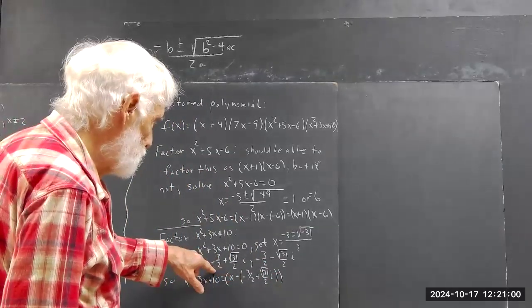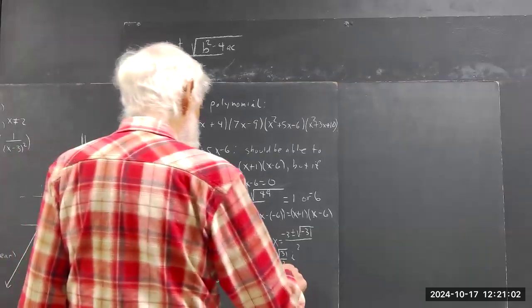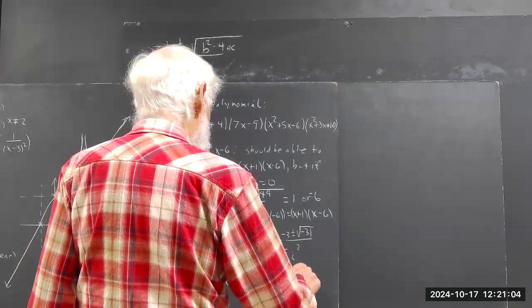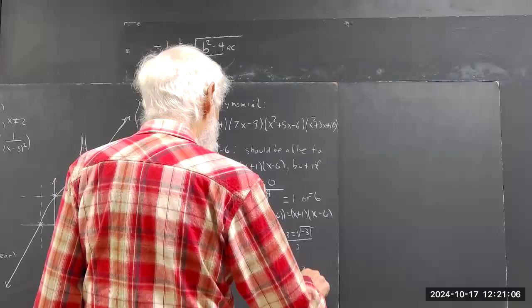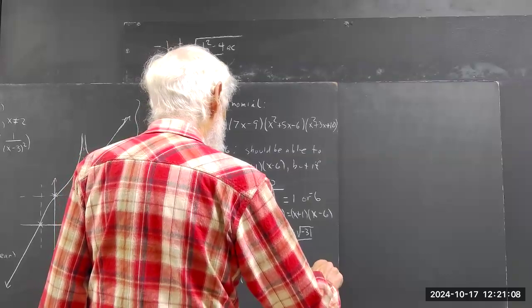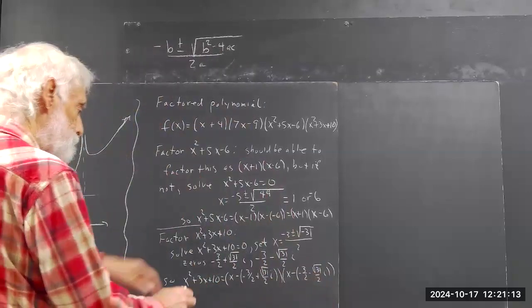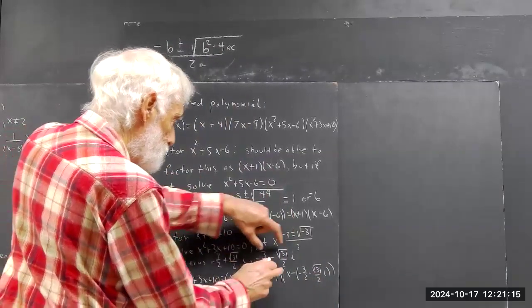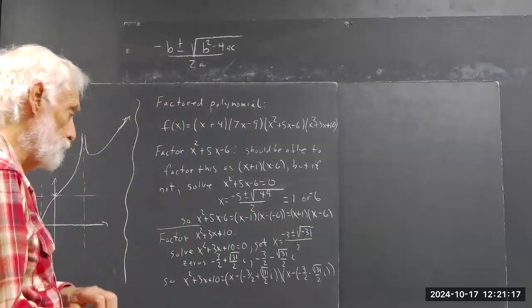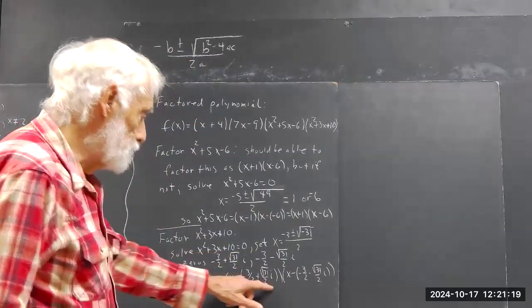It's going to be x minus this root times x minus this root, because if x equals this one, then this is going to give you 0.